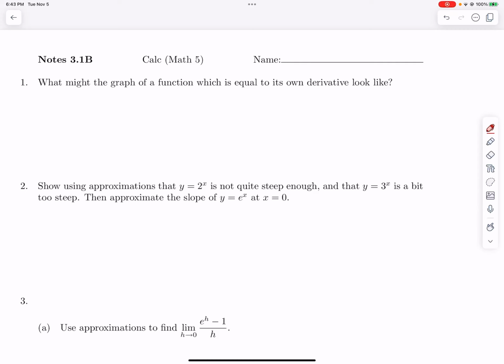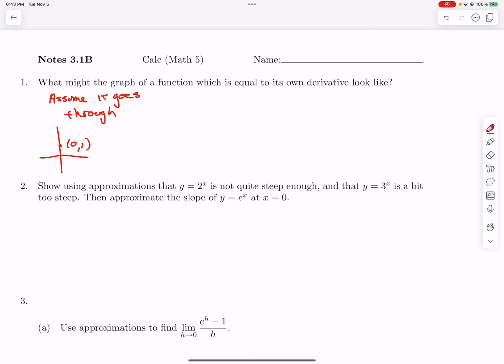Okay, let's assume that a function goes through a point on the y-axis. Say (0, 1).